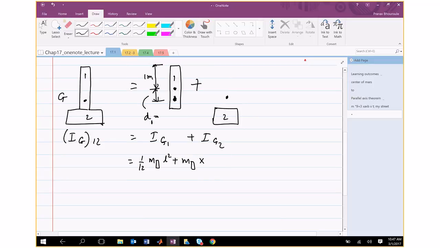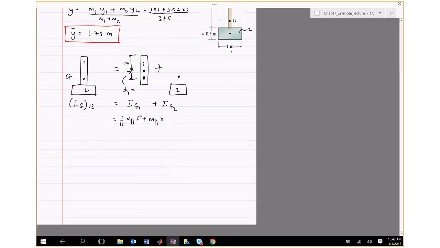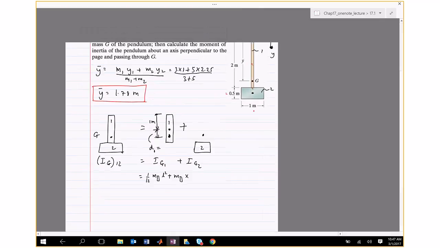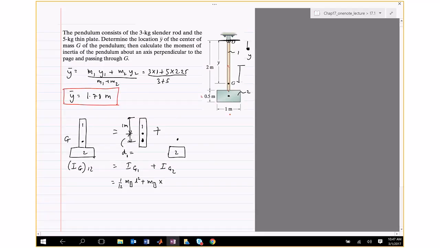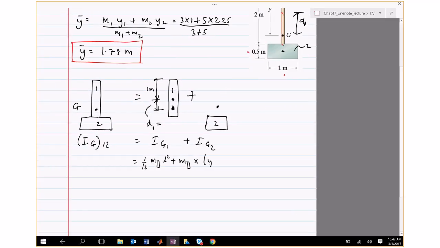So d1 is going to be this distance, or in other words, it's simply y bar minus 1. You agree? y bar minus 1 squared. Because y bar is the distance of this point from the origin, and 1 is the distance of the center of mass from the origin. So the difference between the two will give me this.